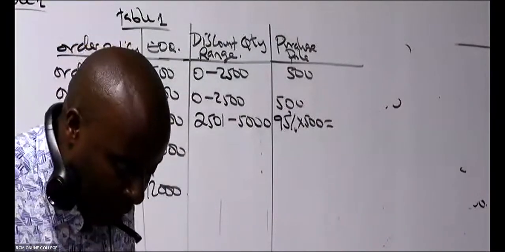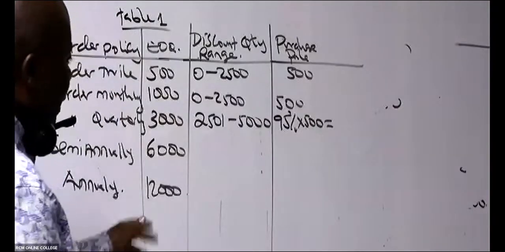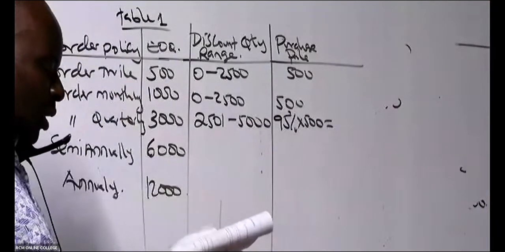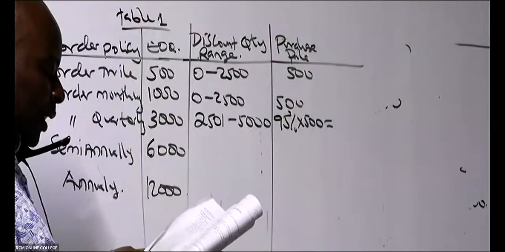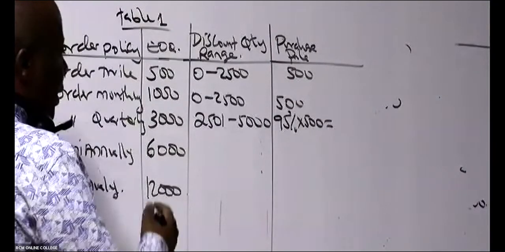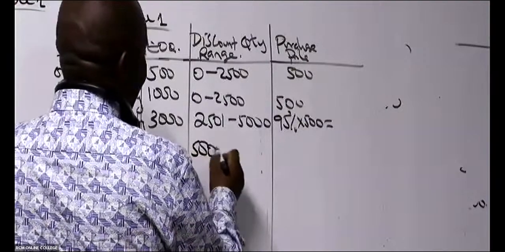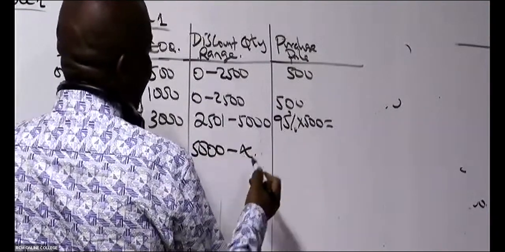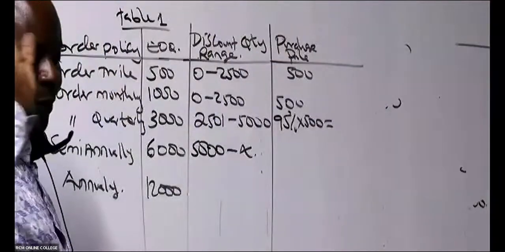So we have exhausted that band. We go to the second band because I can see 6,000 is higher than this. So we are told a 10% discount on total order for deliveries in excess of 5,000. So in this case, you have 5,000 to infinity. It will be 10% off.